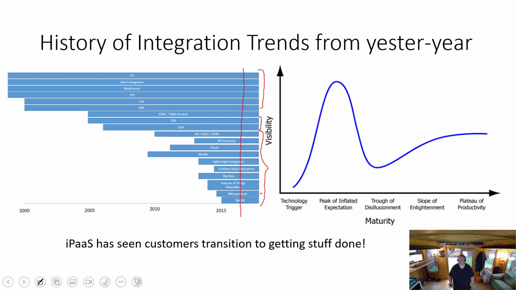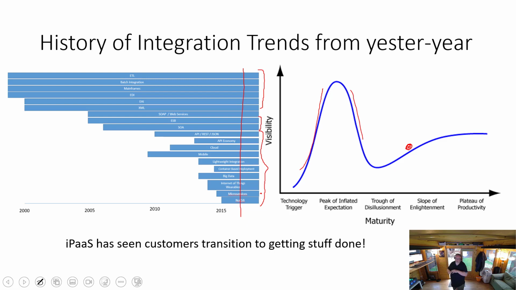I guess the argument of the diagram on the left is back in 2016, 17, whatever it was, we were on this bit here. I think we've gone down here, and really, where we are with Microsoft Azure integration today is we're past all the buzzwords, and we're really just starting to see customers actually use iPaaS and really focus on delivering good solutions.